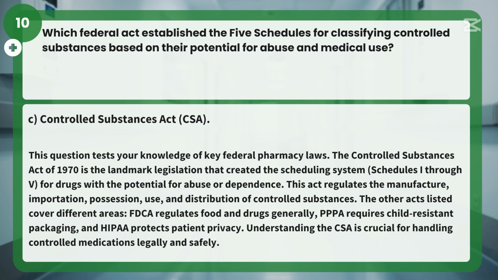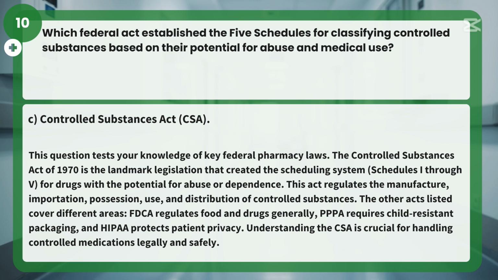Answer: C. Controlled Substances Act, CSA. This question tests your knowledge of key federal pharmacy laws. The Controlled Substances Act of 1970 is the landmark legislation that created the scheduling system, Schedules I through V, for drugs with the potential for abuse or dependence.